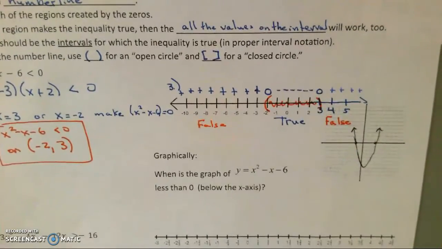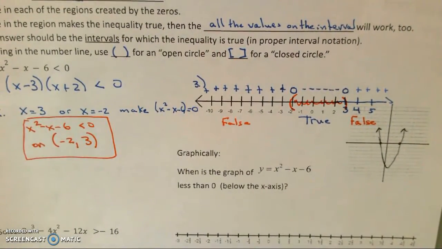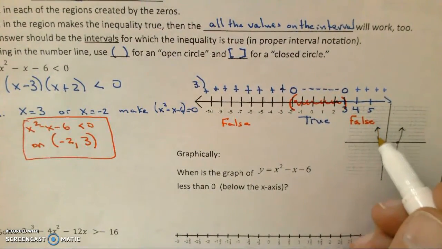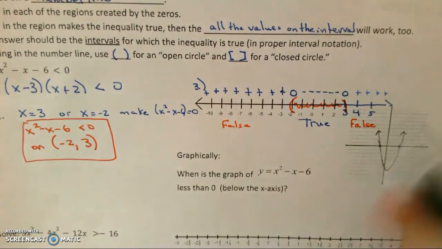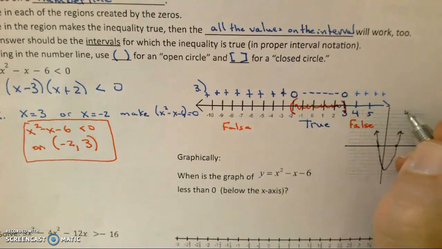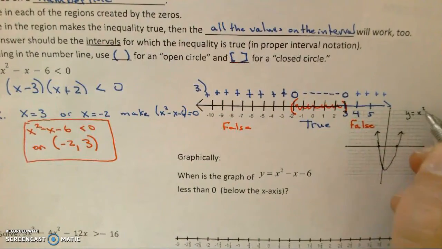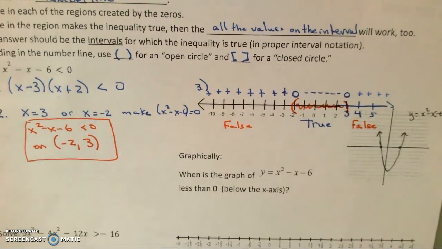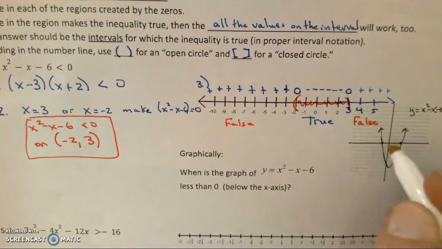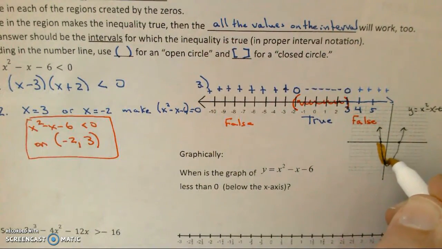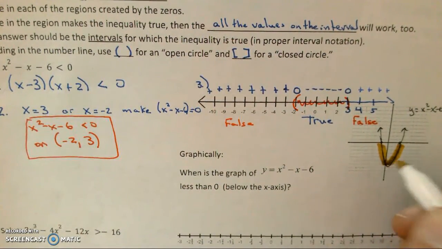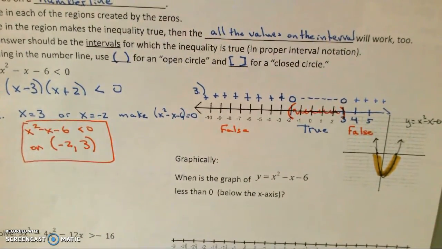We could have done the same process on a graph. So if we look at where the y values are on this graph, which is the graph of the original polynomial that we had, x squared minus x minus 6, and we look at where that's negative, where that's less than 0, the y values are smaller than 0 on the interval that I'm tracing out with my highlighter right there.